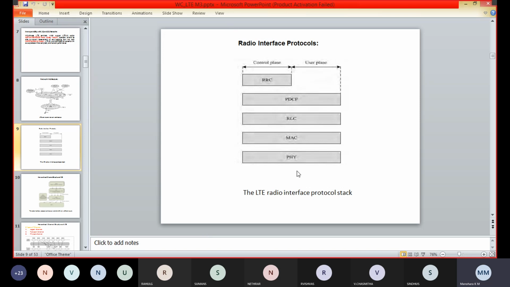Next we have PHY, that is the physical layer. So here the main function of the physical layer is the actual transmission and reception of data in the form of transport blocks.